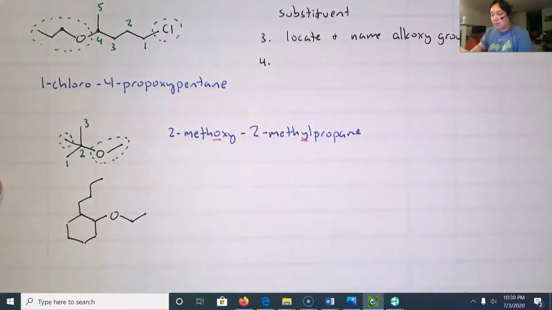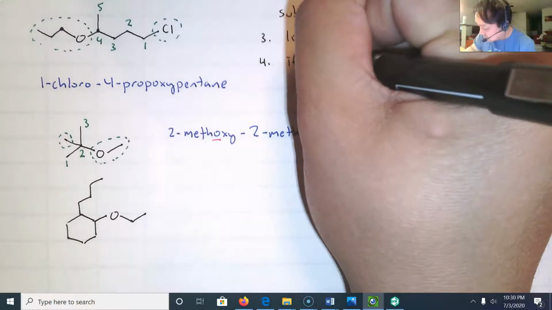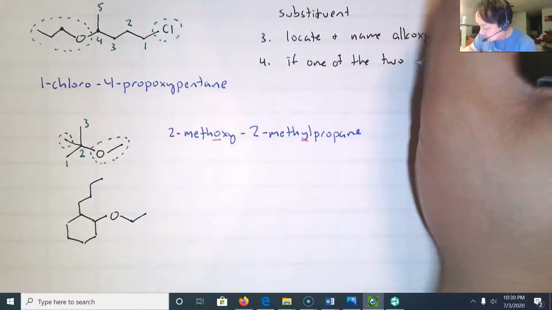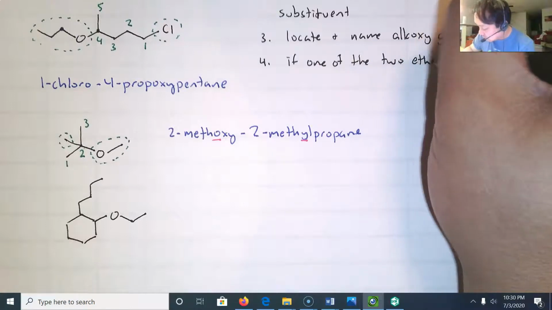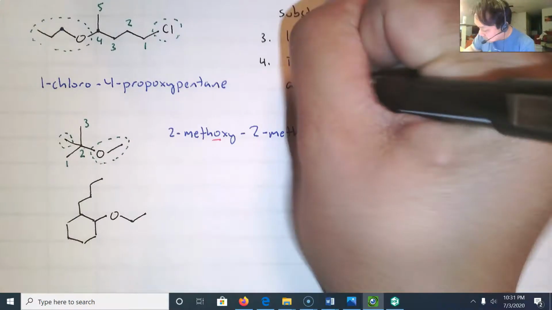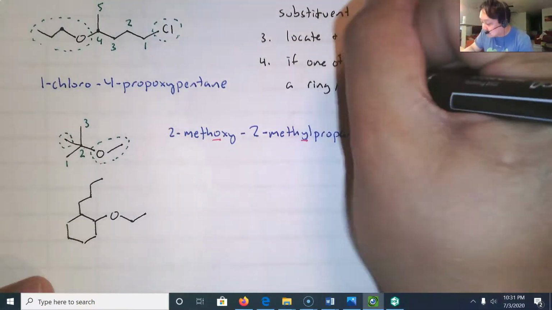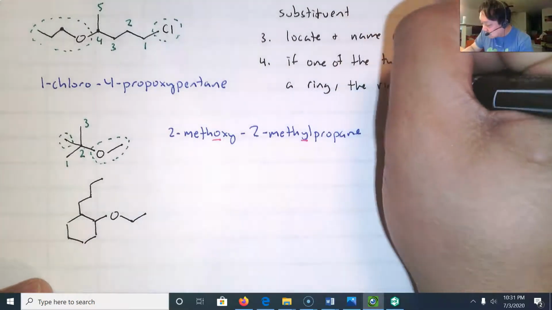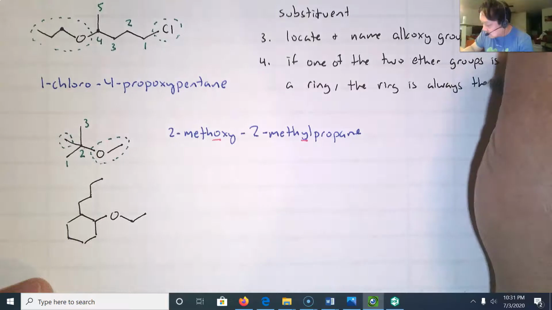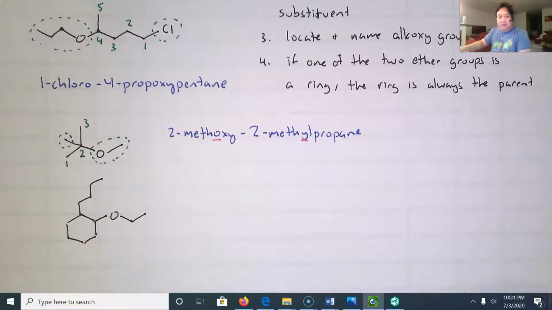If one of your two groups is a ring, this is easy. The ring is always the parent. Well, good.